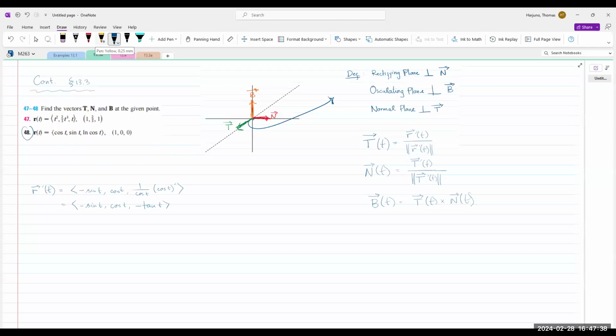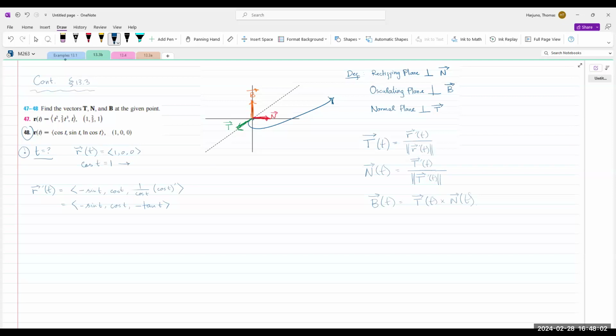We need to find t such that r(t) equals (1, 0, 0). I match the x component: cosine t equals 1.